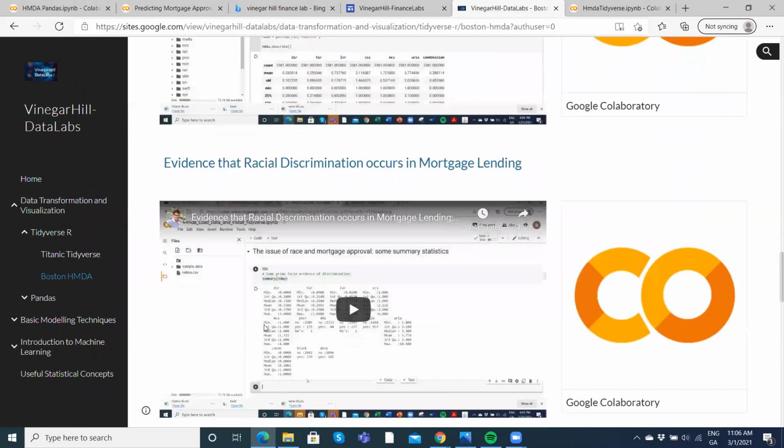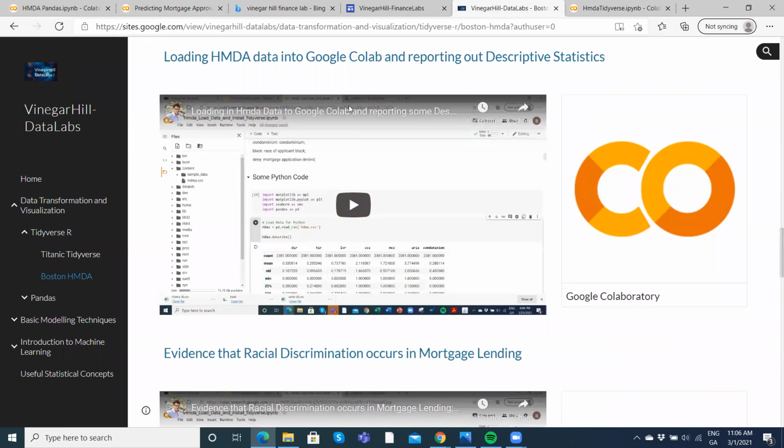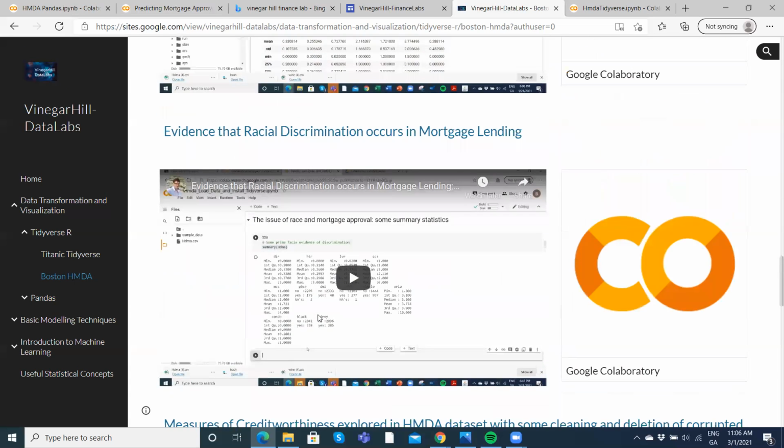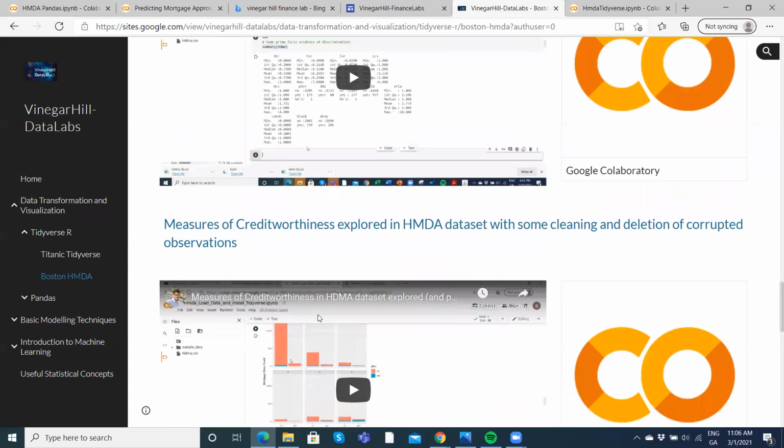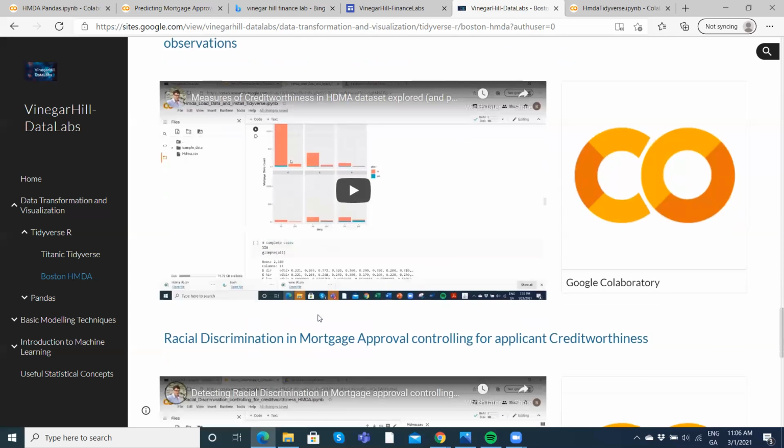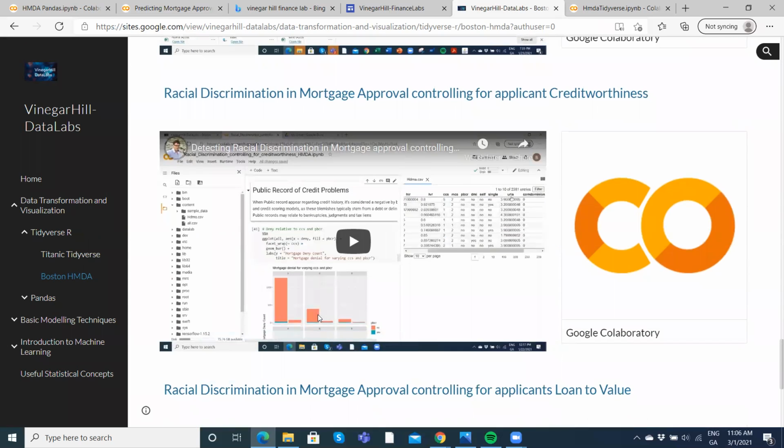That analysis looks more at the role of racial discrimination, and then trying to control a little bit for creditworthiness, but there is a fairly detailed breakdown and description of each variable. So that might be something that could be referred to.